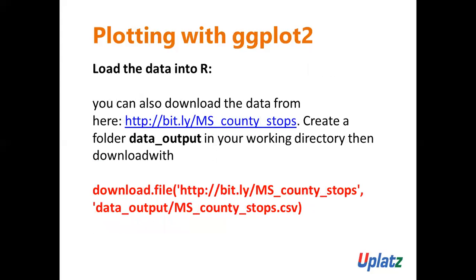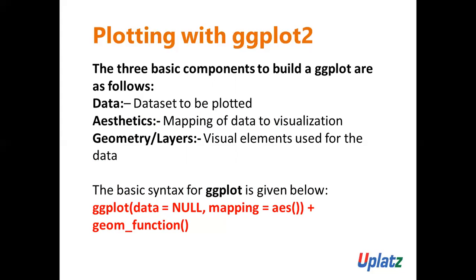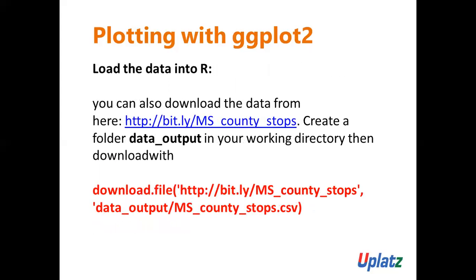So see here, the first thing is we need to have data. Inside a ggplot we need to supply the data. So from where can we load the data? Let me show you. You can download the data from here. Actually I have the file, a csv file, but even if you want to download from the link, this is the link from where you can download the data.